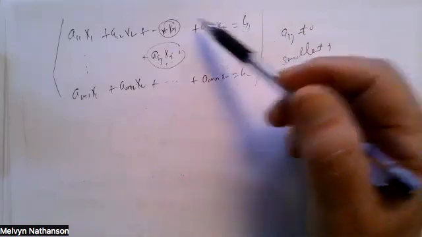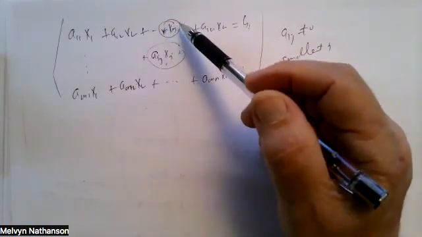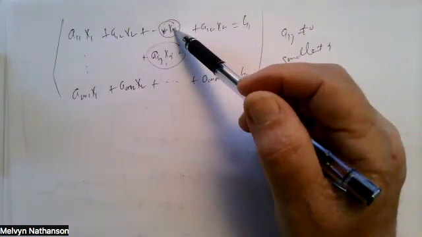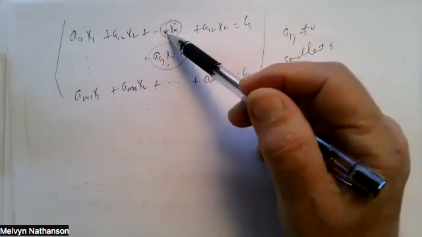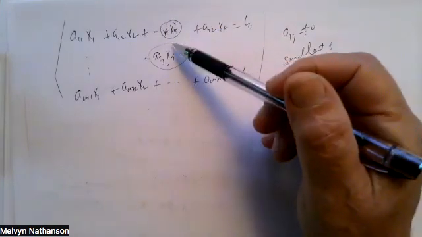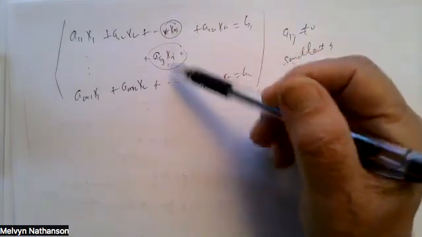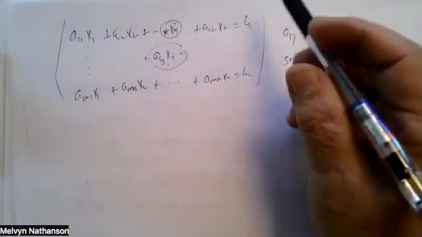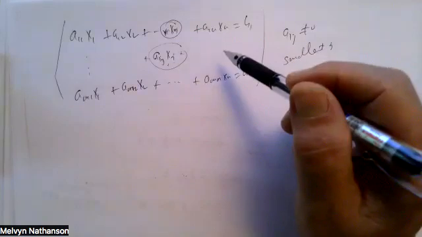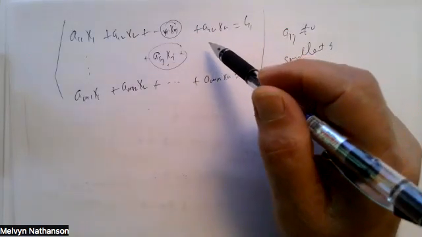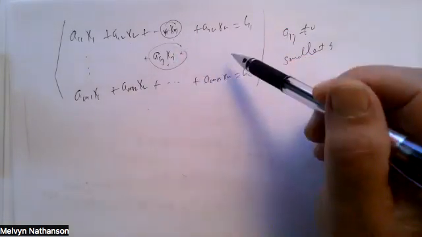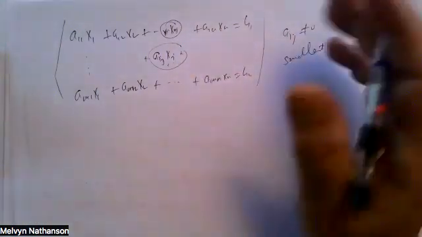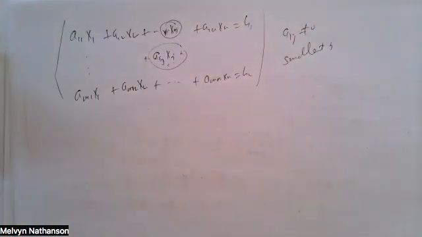Then you multiply this equation by whatever makes the coefficient of xj equal to 1. And then you can subtract multiples of that from all the other equations to eliminate xj from all the other equations. So now you have an equivalent system where the first equation has xj, and all the other equations have no xj in them. The smallest subscript for which the variable might have a non-zero coefficient is j plus 1.